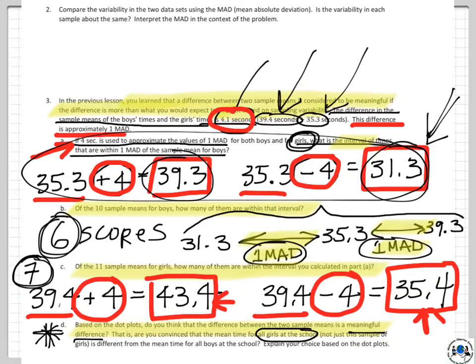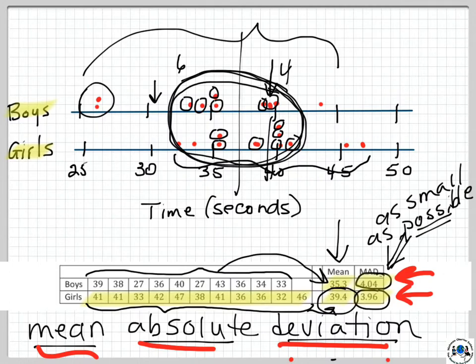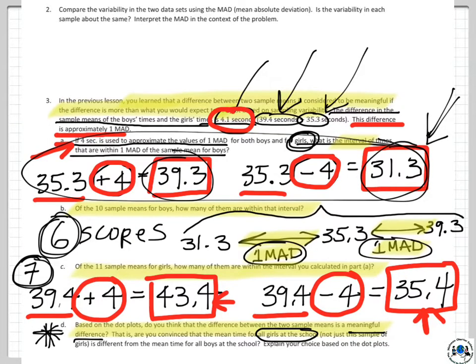You may differ in your opinion, but I would say no, I'm not convinced, because my sample size is too small and there's too much variability in this dot plot data, so we probably need a further study.